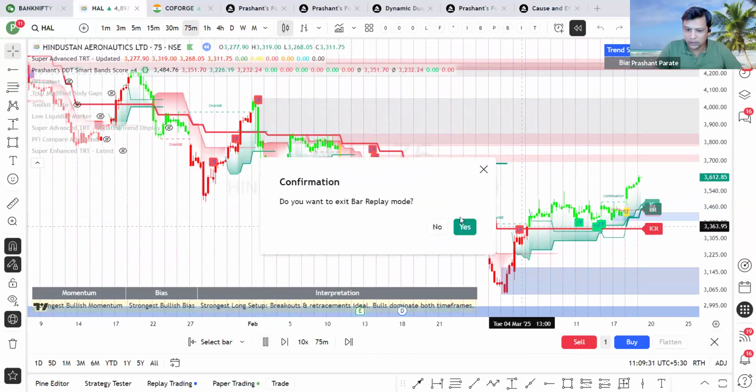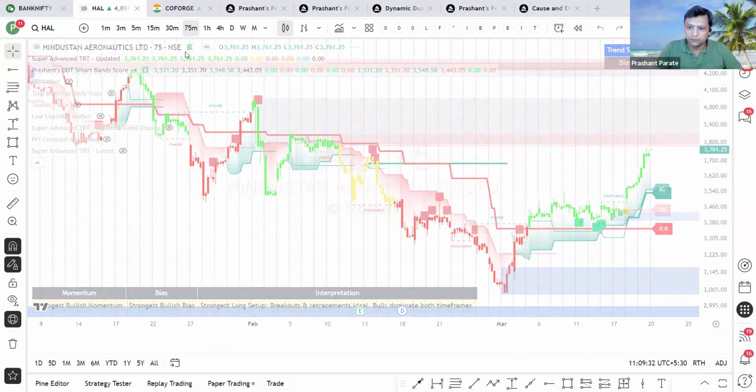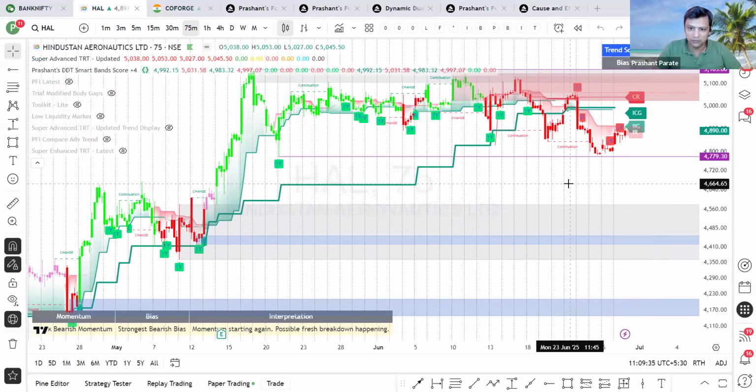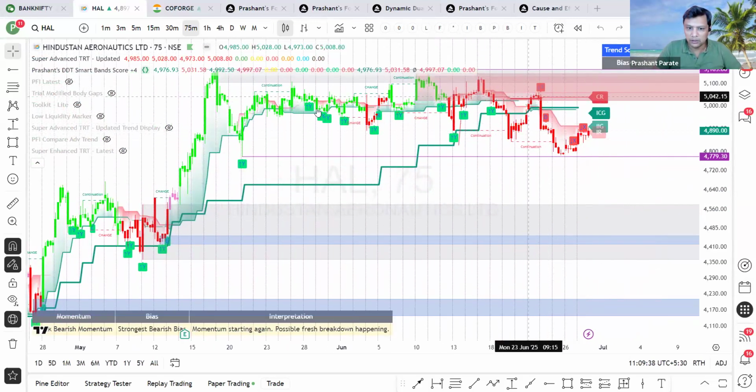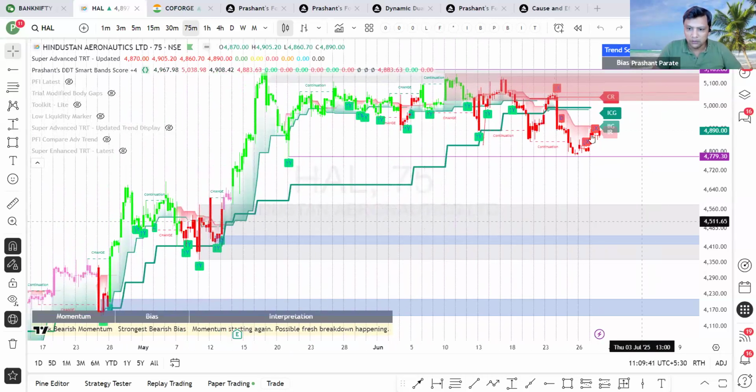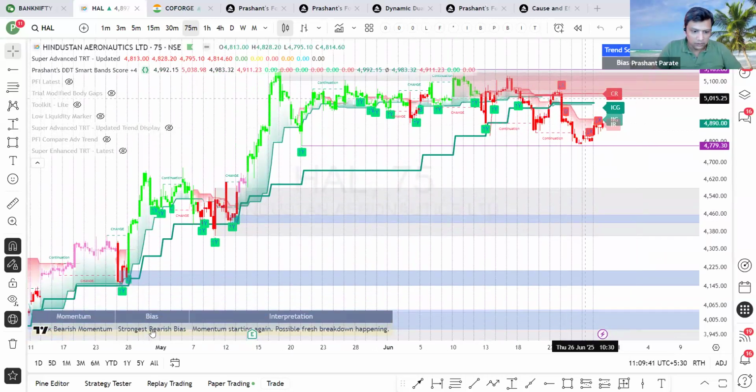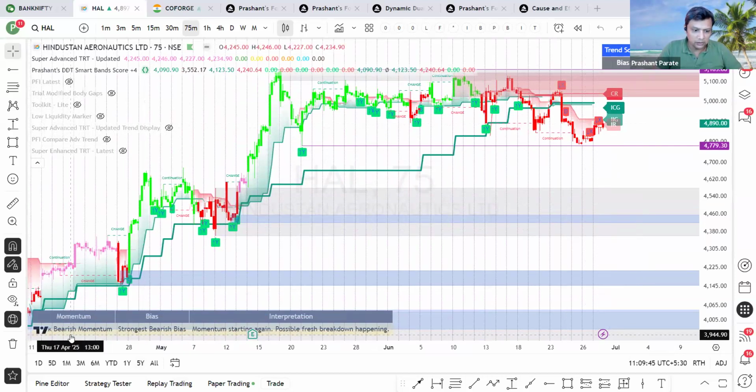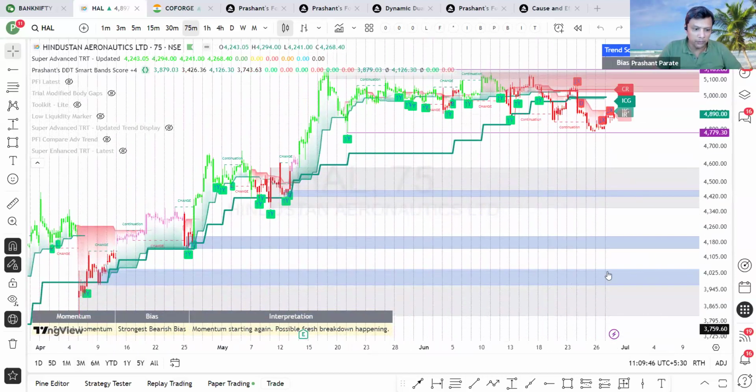Now what to do at the current level? Let's check the current chart with the 75-minute time frame. So the 75-minute is not strongly bullish. In fact, it has the strongest bearish bias and bearish momentum as well.